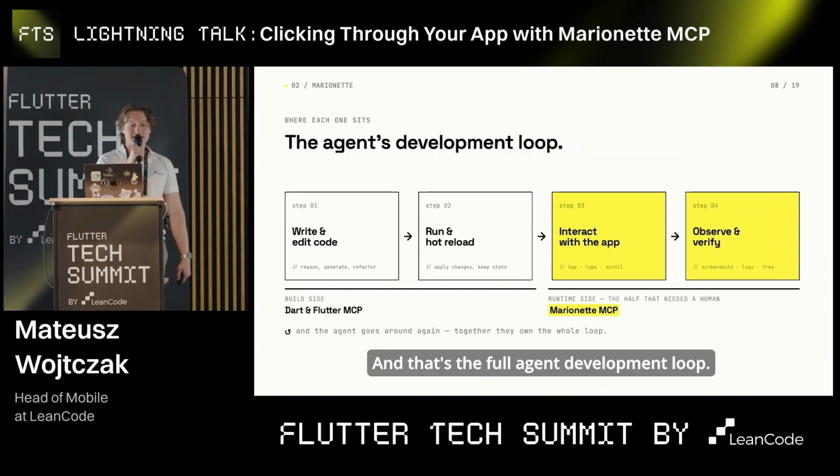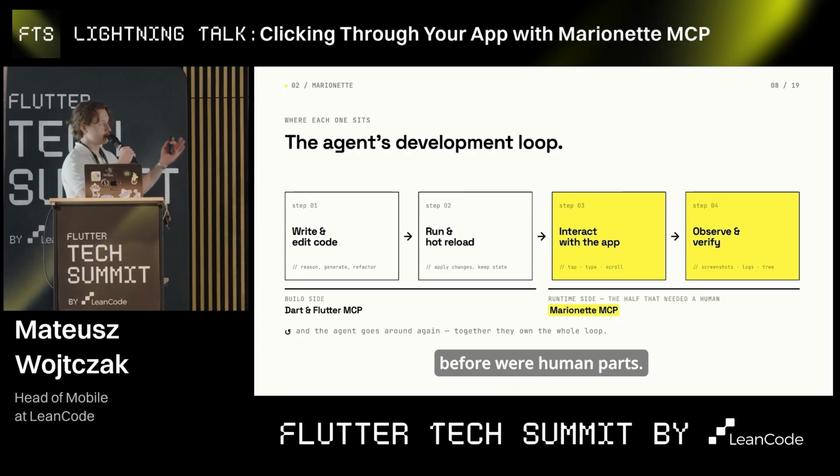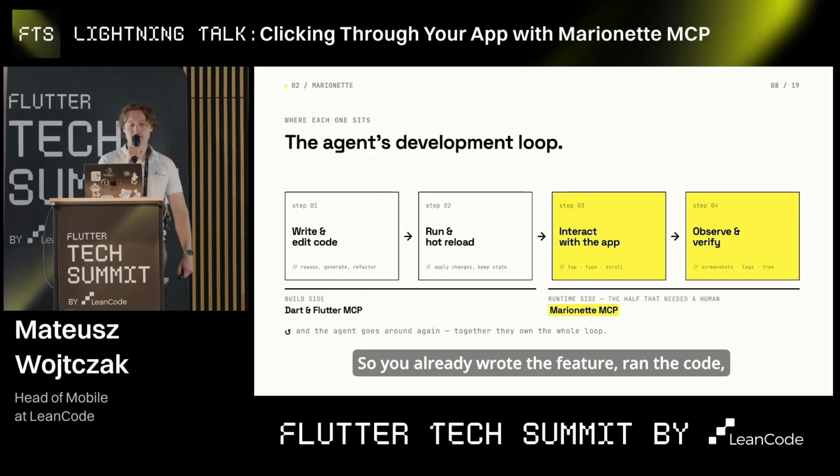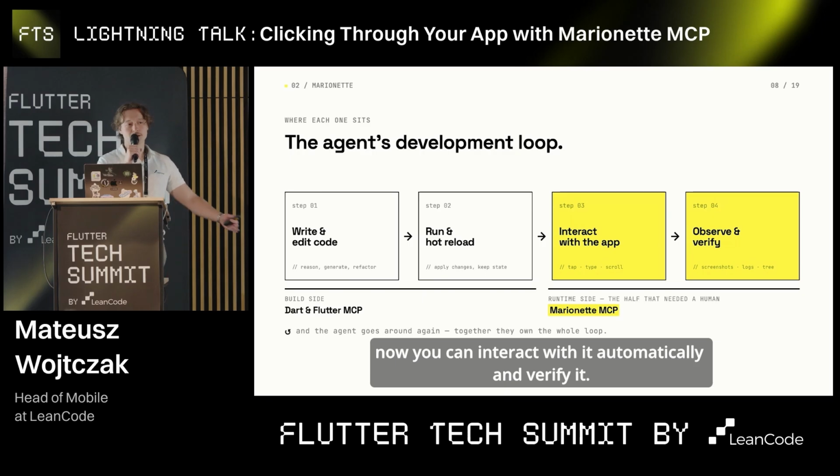And that's the full agent development loop. So the yellow parts before were human parts, and now with Marionette you can do both of them with the agents. So you already wrote the feature, ran the code. Now you can interact with it automatically and verify it.